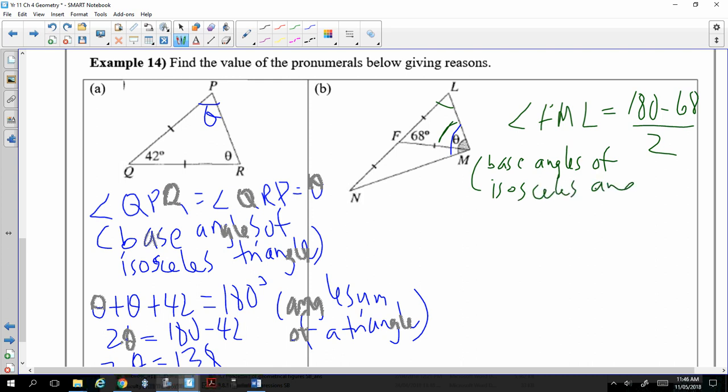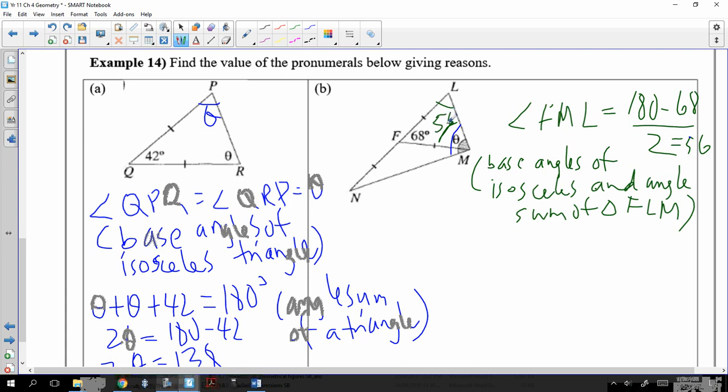Alright, good. So we found this one. What's that equal to? 180 minus 68 is 112, right? And then divided by 2 is 56. Okay, so write 56 there. And you do the same thing. Now, to find this angle here, I could call this alpha.